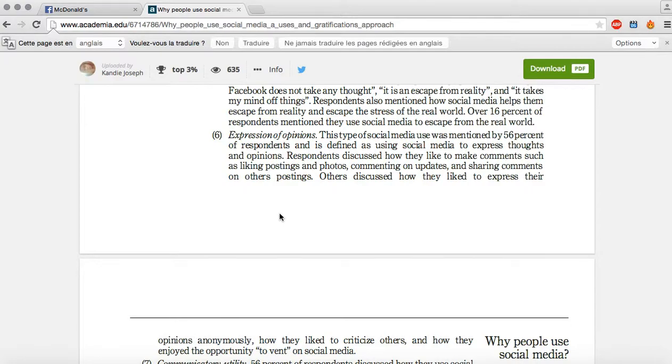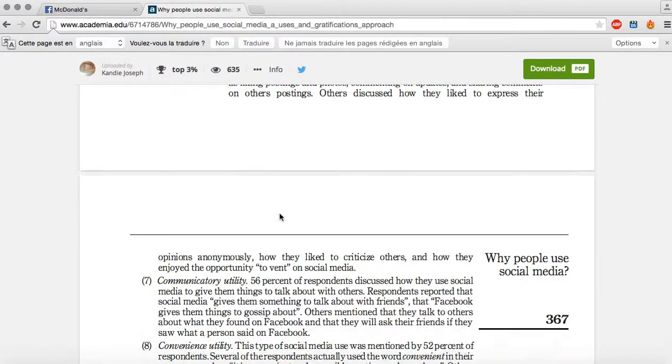Expression of opinion means that people express thoughts and opinions. They like liking posts and photos. They like commenting on updates, sharing comments on other pages. They like to express opinions anonymously and criticize others.